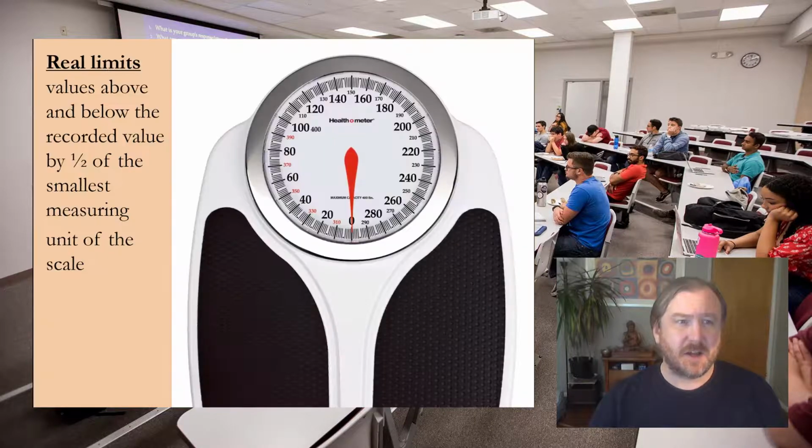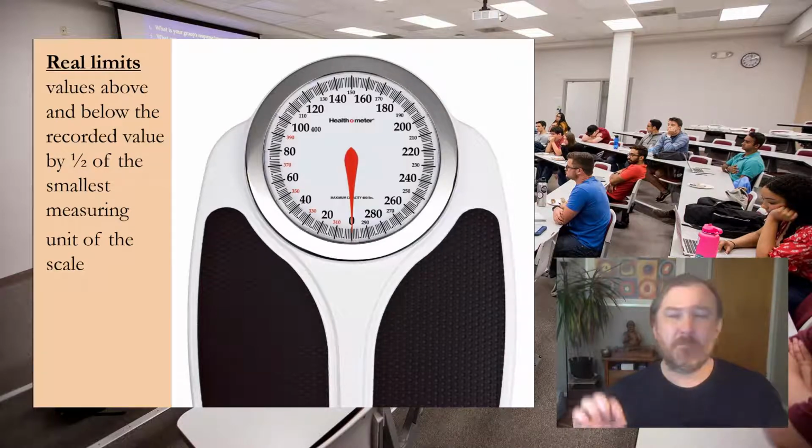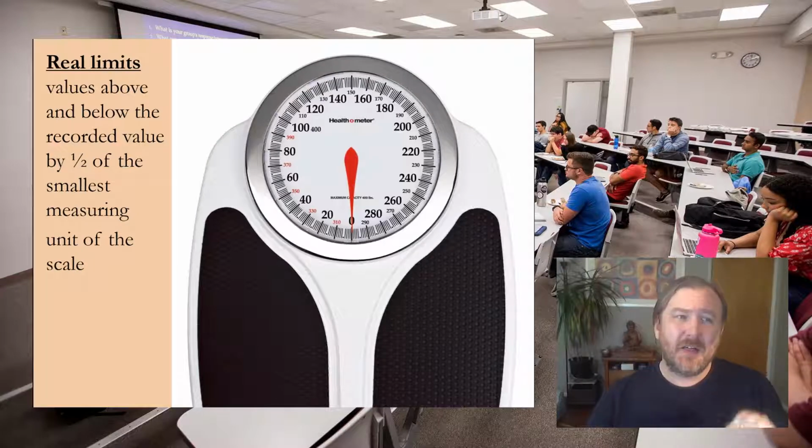So let's look at this scale, right? This is a continuous measure, and the upper and lower real limit is going to be the values above and below the recorded value by half of the smallest measuring unit of the scale. That's kind of a mouthful.